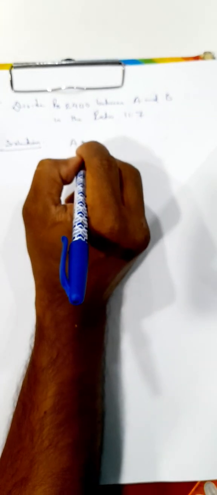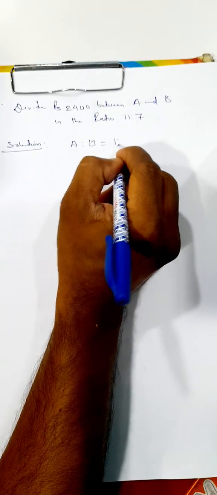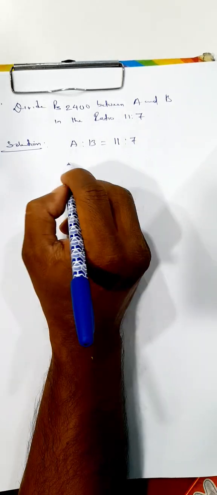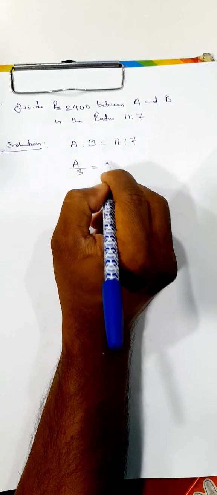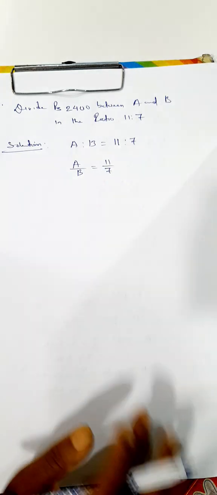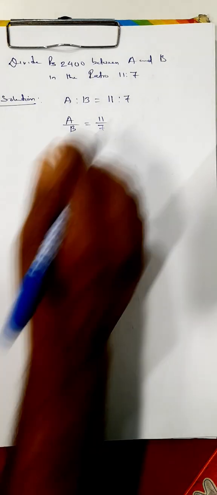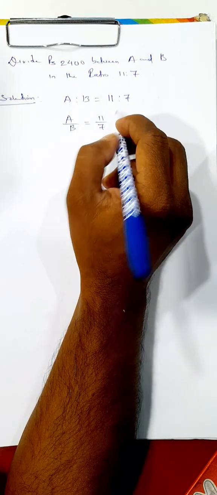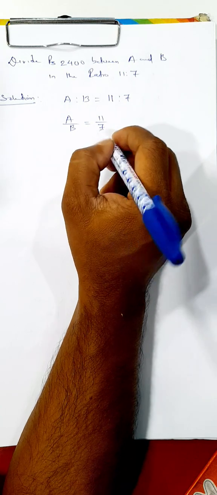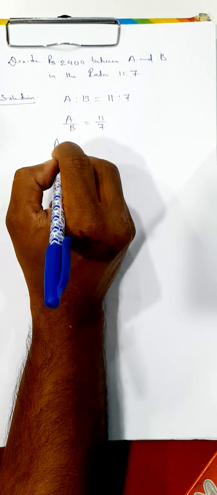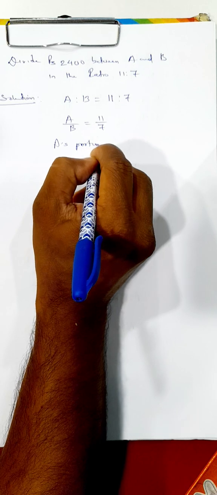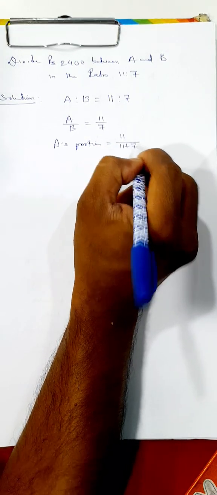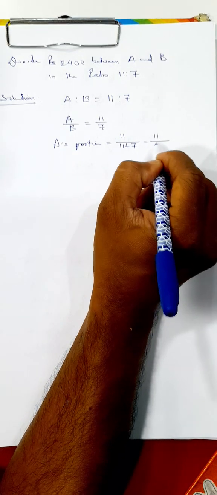Now here A is to B equal to 11:7, or A divided by B equal to 11/7. Here it means out of 2400, A's portion will be 11 divided by 11 plus 7. A's portion equals 11 divided by 11 plus 7, or 11 divided by 18.